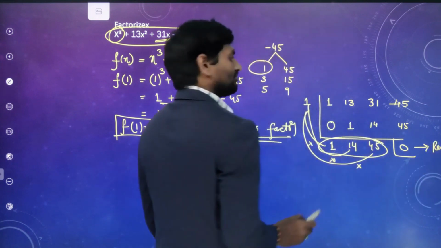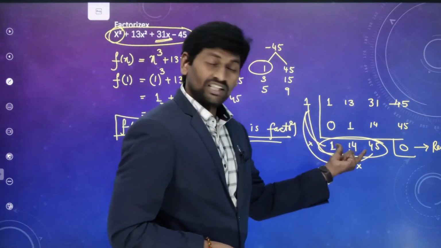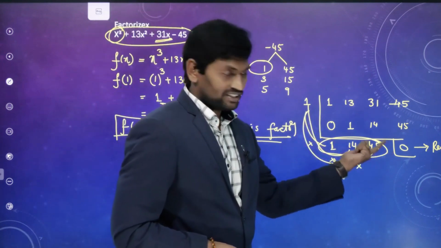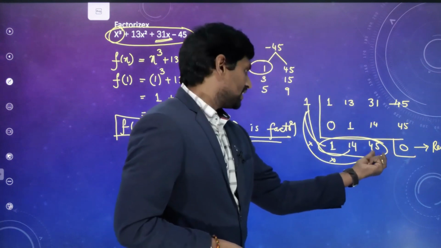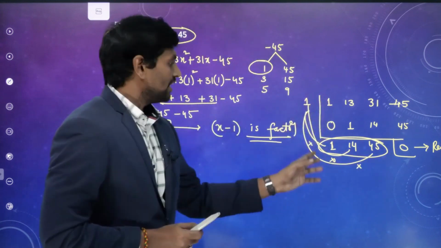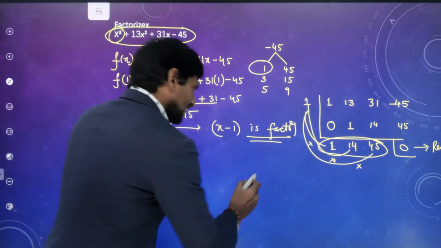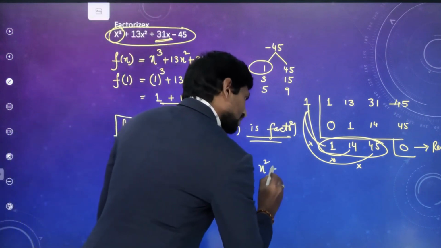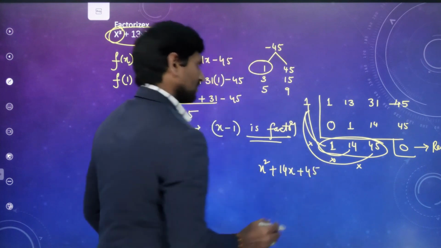And we still have 3 coefficients left: the first is 1, the second is 14, the third is 45. From the right side, 45 will be the constant term, 14 will be the x term, and 1 is the coefficient of the x square term. So let us write this as x square plus 14x plus 45.